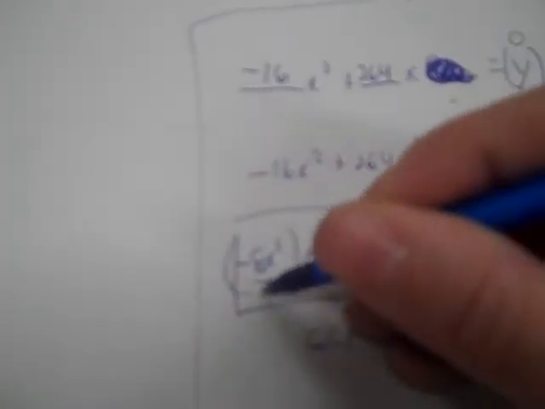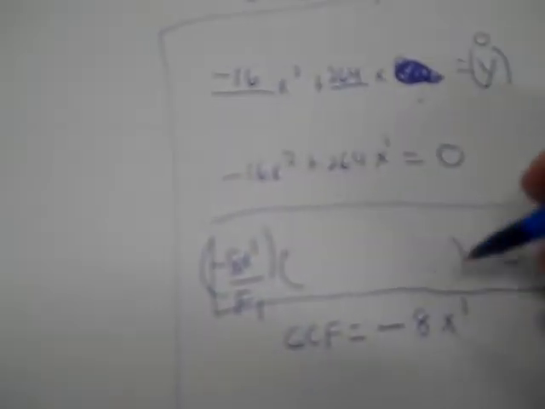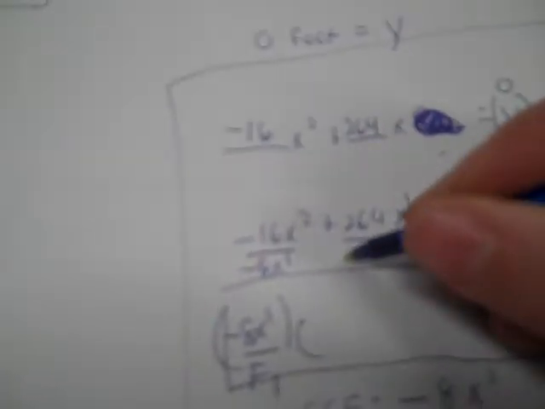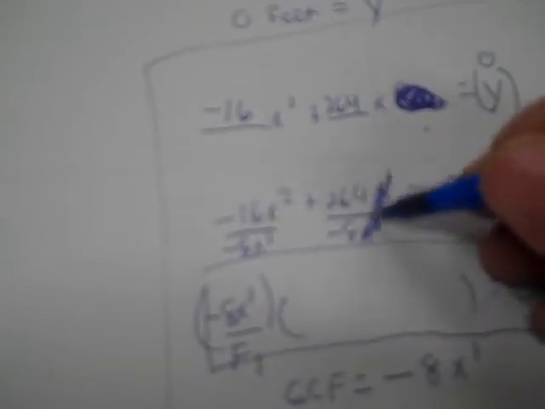And what do we do with that? We put it out here, and that's my F1. Now to find the F2, we need to divide both of these by the negative 8x to the first power. The x to the 1s cancel out since they're the same. So I take negative 16 divided by negative 8, I get 2.